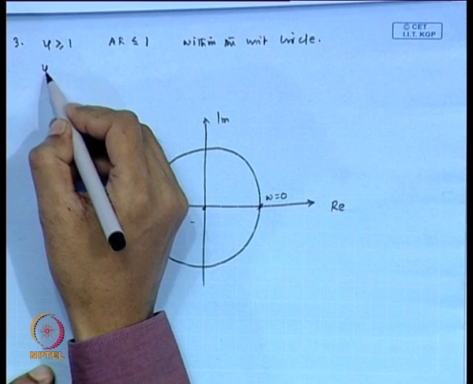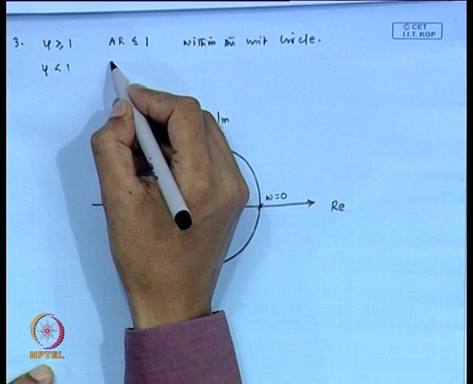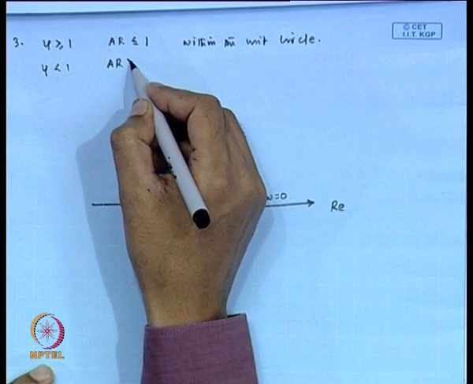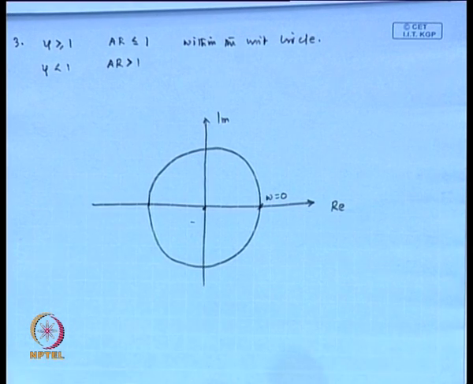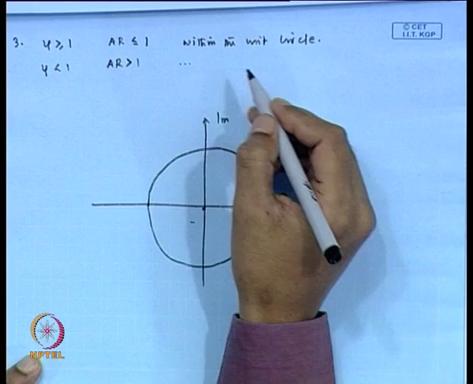Similarly, if we consider zeta less than 1, it is easy to investigate that amplitude ratio becomes greater than 1. That means this is outside of the unit circle.